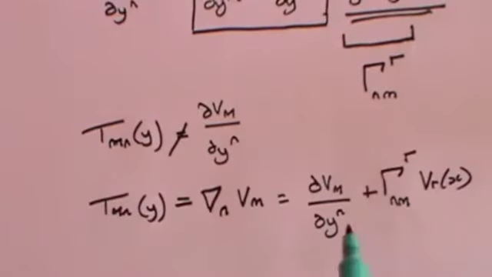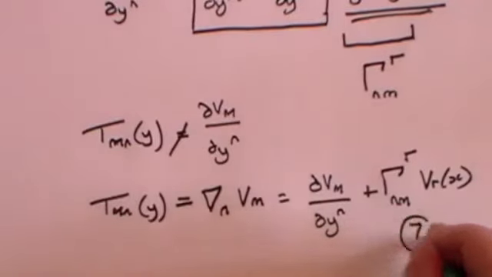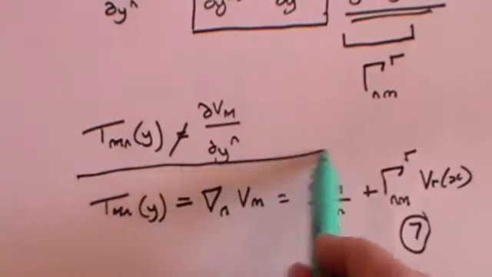And so we've now got a transformation where the derivatives have to include this Christoffel symbol. It's the extra term. And I'm going to call that equation 7. So let's put a box around it.